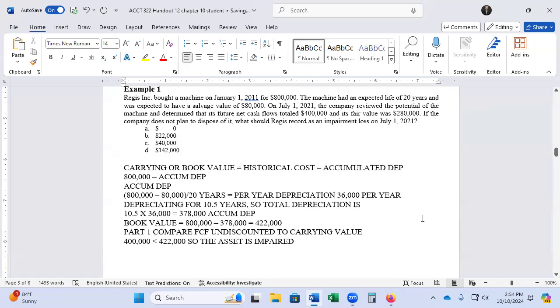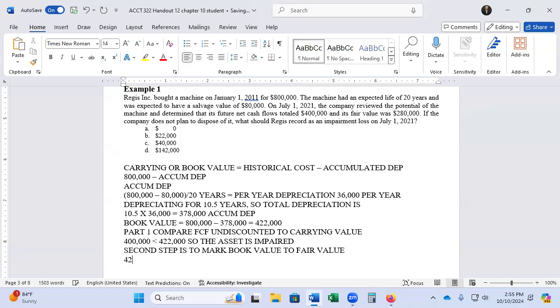Okay, so now we have to take the next step. The second step is to mark book value to fair value.